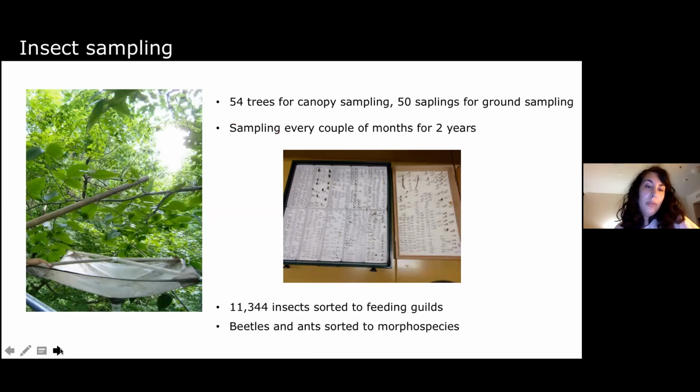My method of sampling was just beating leaves with a stick and collecting any insects that fell off the branches into a tray. Back in the lab, I sorted them to feeding guilds. And then I also sorted the beetles and ants to species because I wanted to do a bit more of a species diversity analysis.